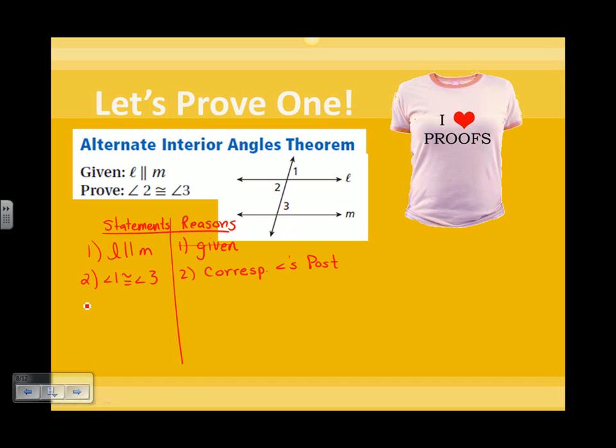But I also have a set of vertical angles here. So I am going to say that angle 2 is also congruent to angle 1 by the vertical angles theorem that says vertical angles are congruent.